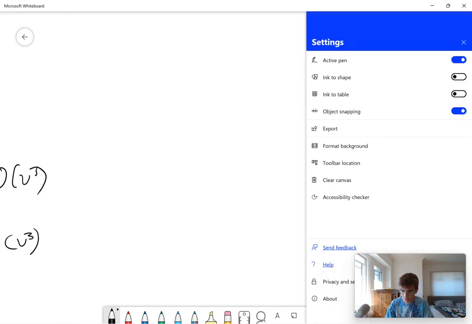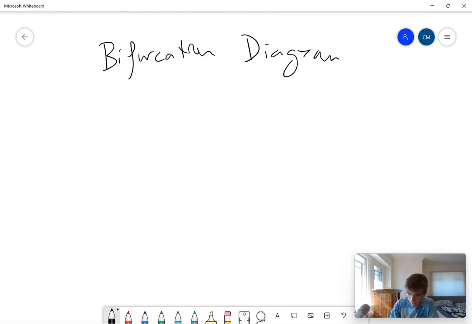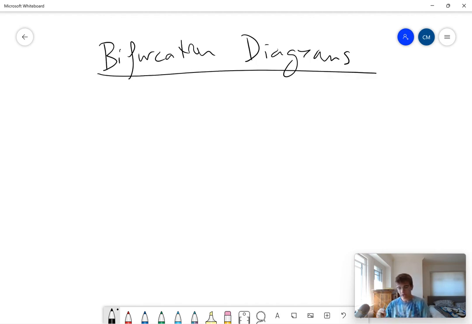So, let me clear this. When we observe bifurcations, it's nice to plot the parameter that we're changing through the bifurcation, and then on the y-axis we want to view the fixed points.